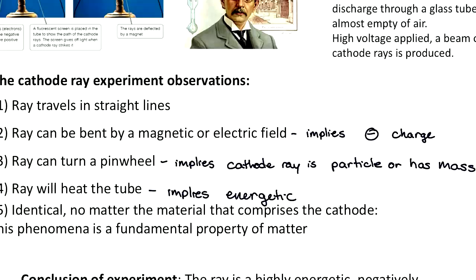So if I tell you that this is the positive side of the magnet, what can we tell about this mystery beam? It must be negatively charged because it's attracted. Or if I put the negative part of the pole here, does it still fit that observation? Yes, if this is the negative side of my magnet and it's going away, it implies that this mystery beam is negatively charged. All right, what else?